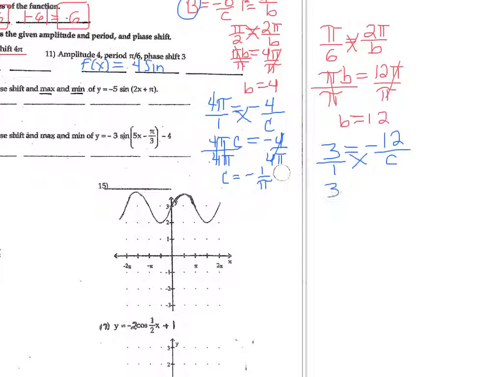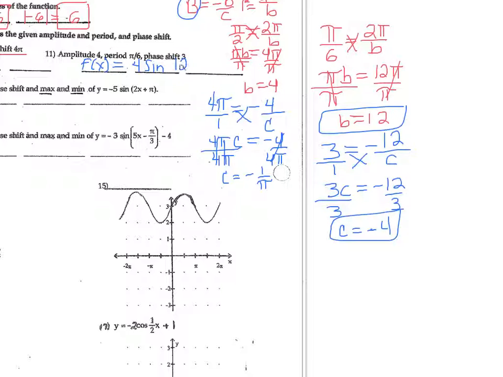Then you cross multiply, so 3c equals negative 12, divided by 3, c equals negative 4. So b is 12, c is negative 4. So the equation would be 12x minus 4. And that's the equation. And don't worry about those 3 lines, it's just one equation.